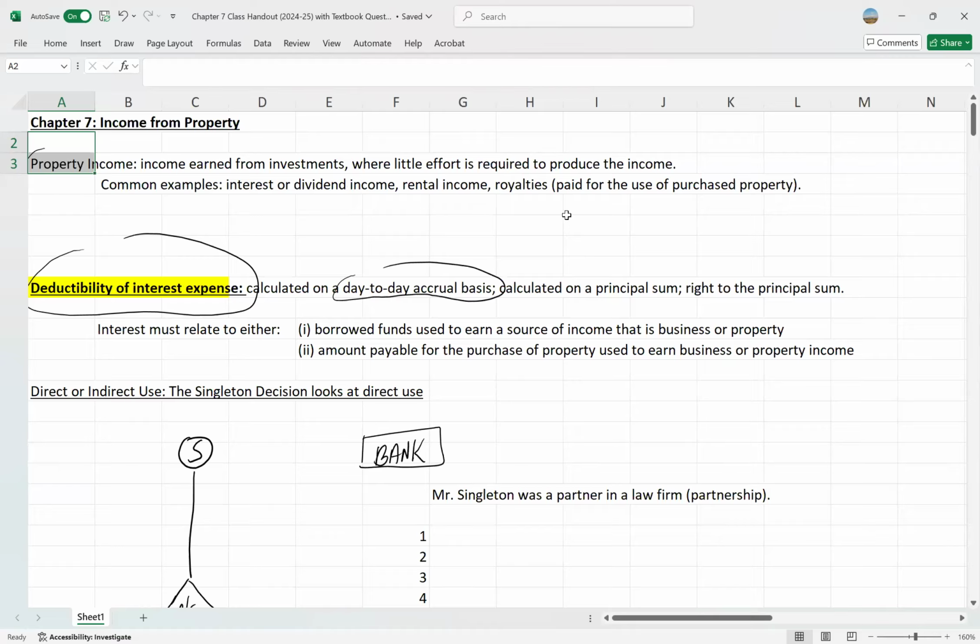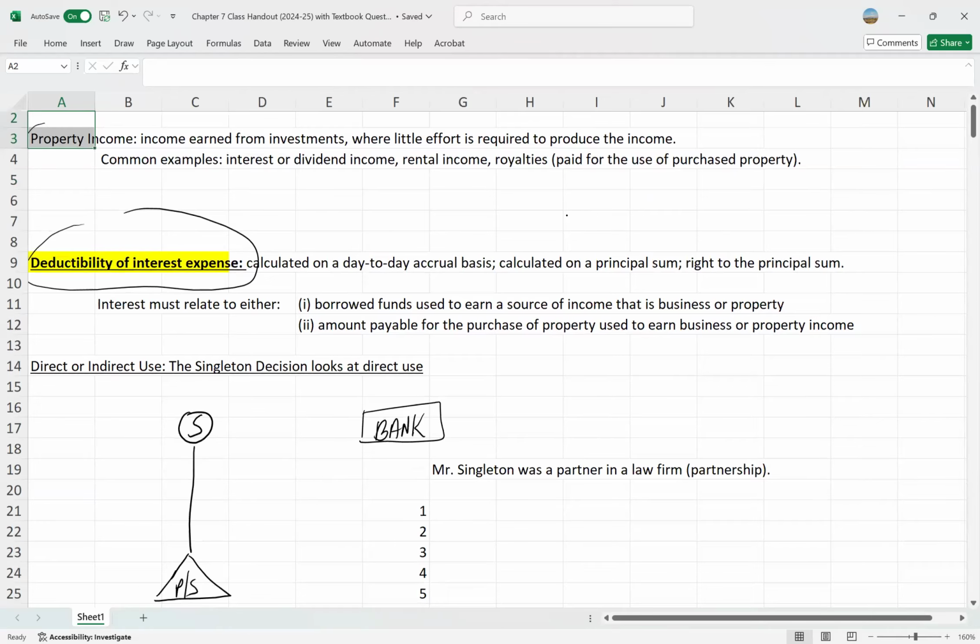So interest is basically accrued every day the loan is outstanding. The interest must be calculated on a principal sum, so usually the amount that is borrowed, and you, the borrower, have a right to use that principal sum. So those are the basic rules of when interest is deductible.